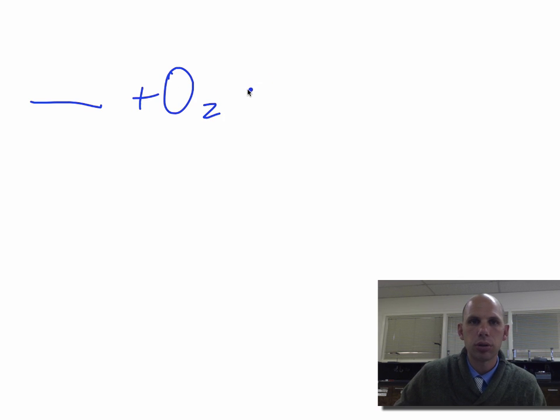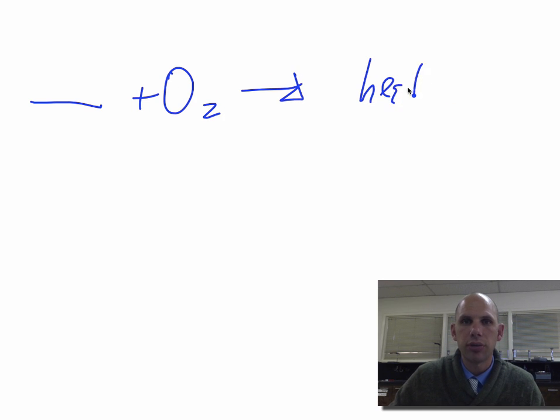Let's go ahead and look at the next category that we looked at, which was combustion reactions. In a combustion reaction, you always have something, carbon and hydrogen. Well, actually, you always have something plus O2 goes to heat, right?